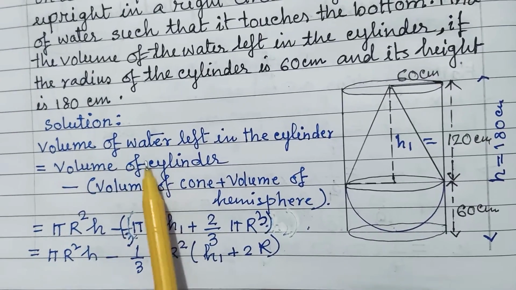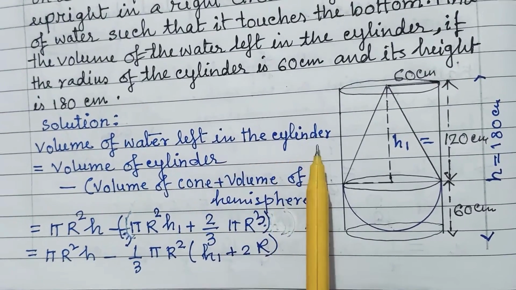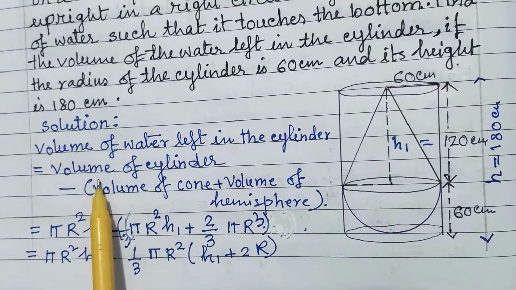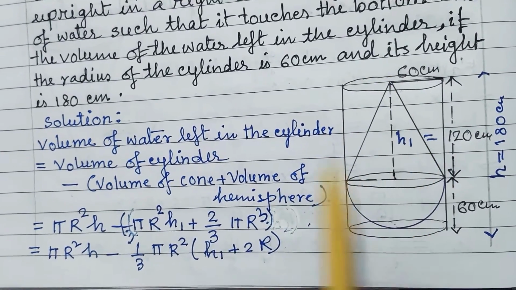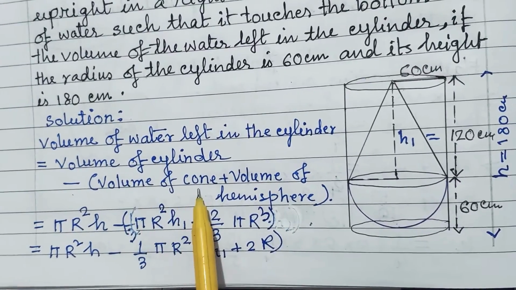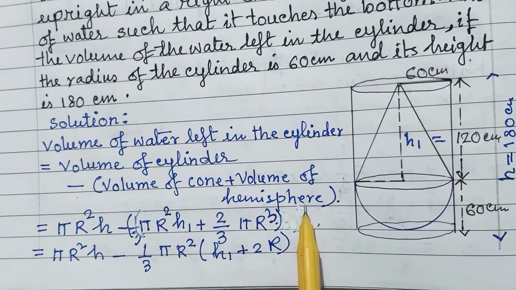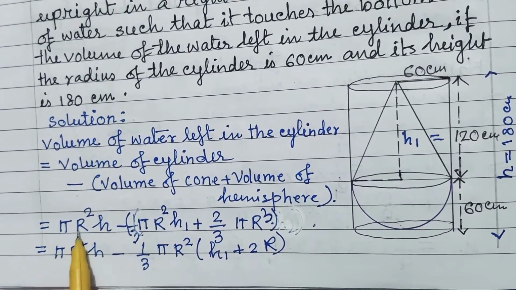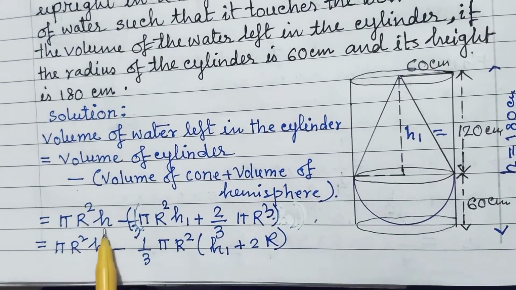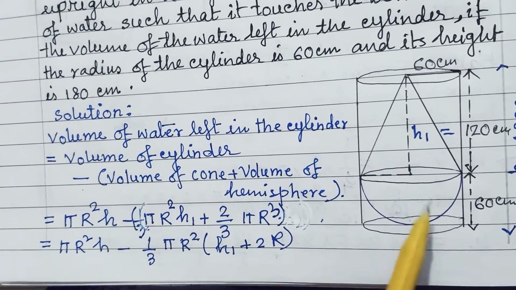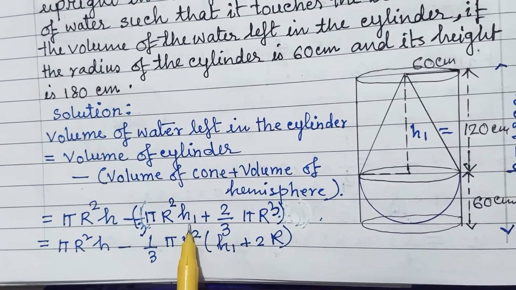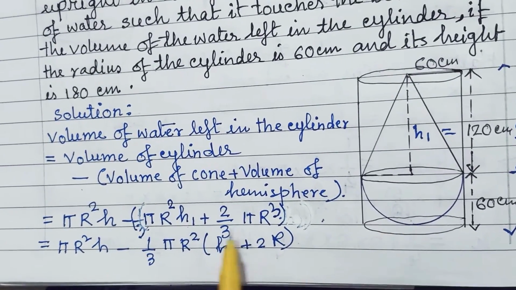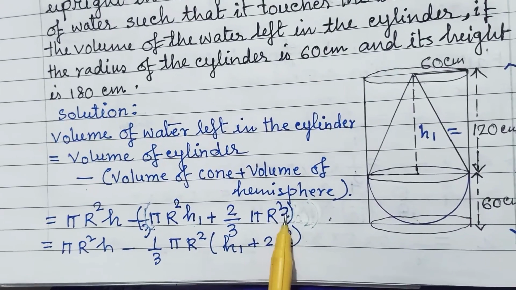Now the volume of water left in the cylinder is equal to the volume of cylinder minus the volume of cone plus volume of hemisphere. So the volume of cylinder is πR²h, minus the volume of cone 1/3 πr²h1 plus the volume of hemisphere 2/3 πr³.